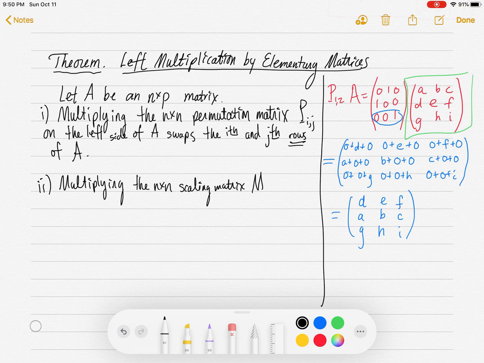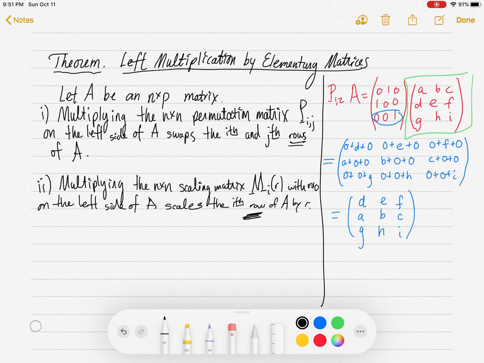So multiplying the n by n scaling matrix, we call that one M sub i of r, with r not 0, on the left side of A, that is going to scale the ith row of A by r.